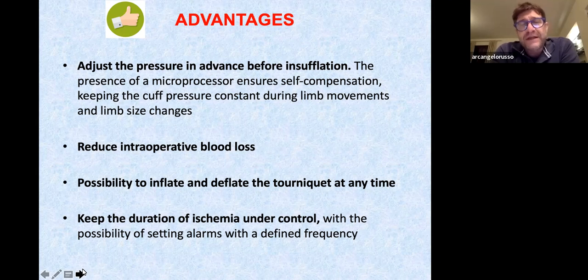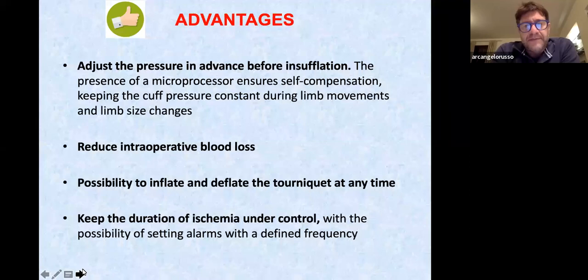There is the possibility to inflate and deflate during the procedure. The tourniquet is an advantage, and we see the duration of the ischemia under control, because we have the device with the time that is going on.